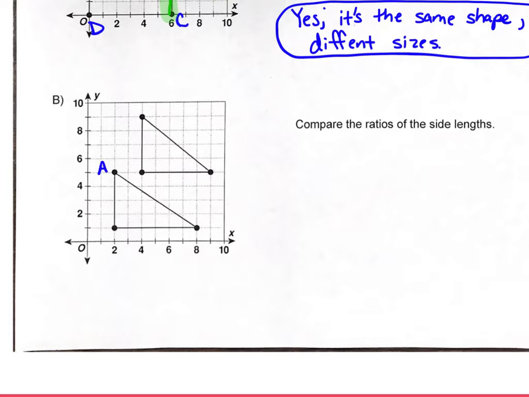This bottom triangle is triangle ABC, and this top triangle is triangle A prime, B prime, C prime. And at first glance, they appear to be about the same, but there is something that might be different about them. So let's just go ahead and start comparing some side lengths.